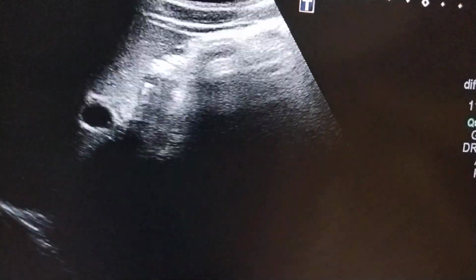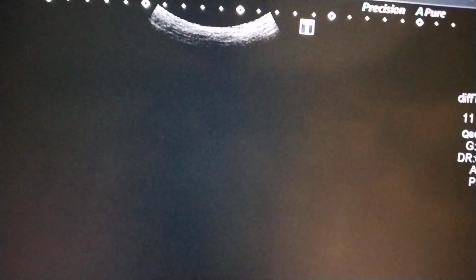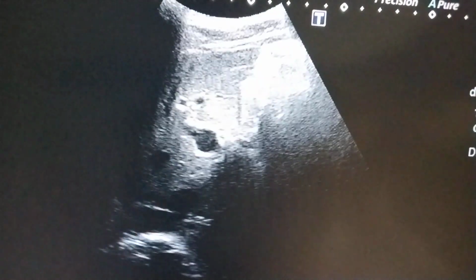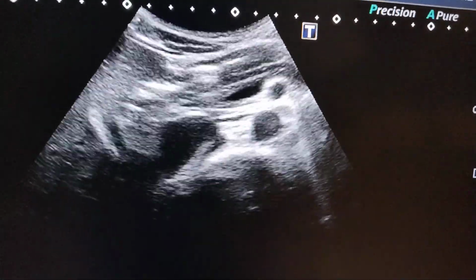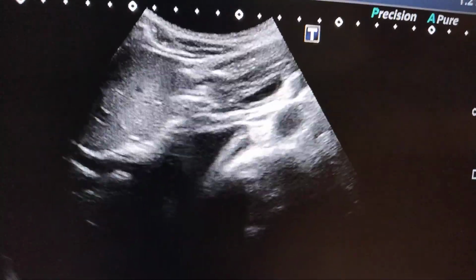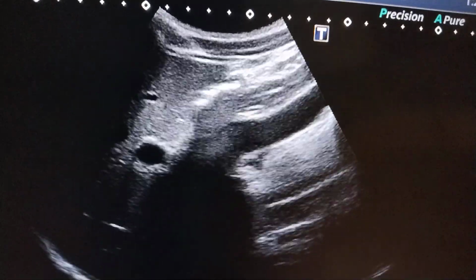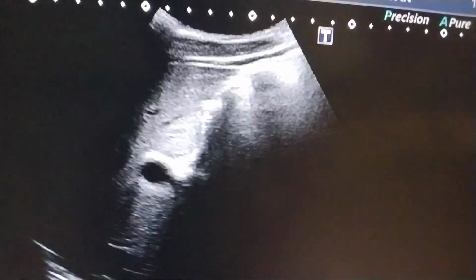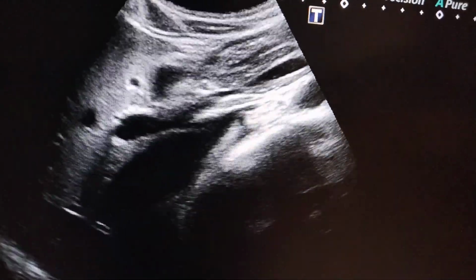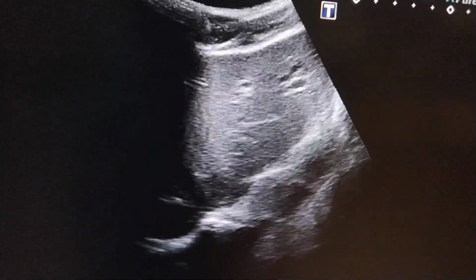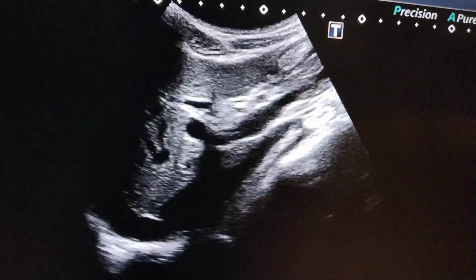Another portion, if sometimes the patient is not in fasting position, मतलब I mean to say कि उसने खाया पिया होता है recently, तो फिर gases होती हैं, so we can feel difficulty to visualize in this maneuver.